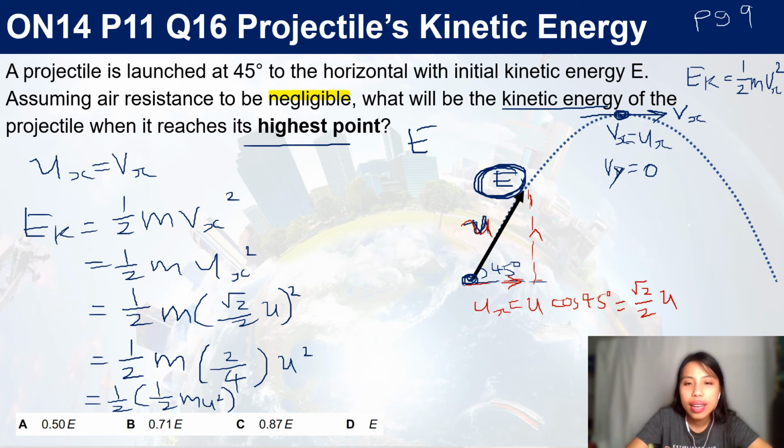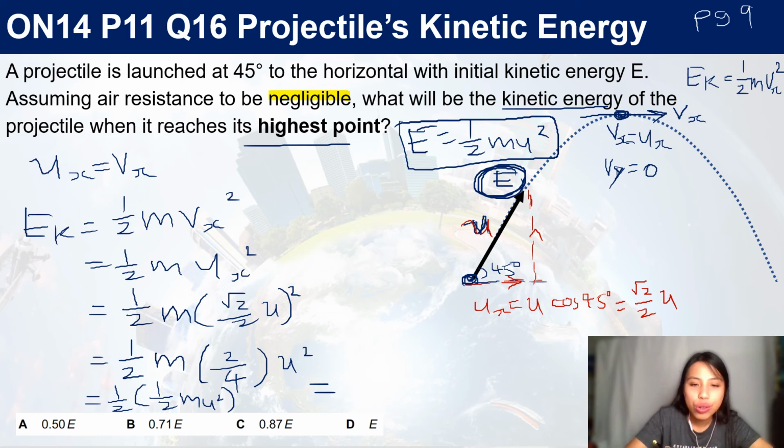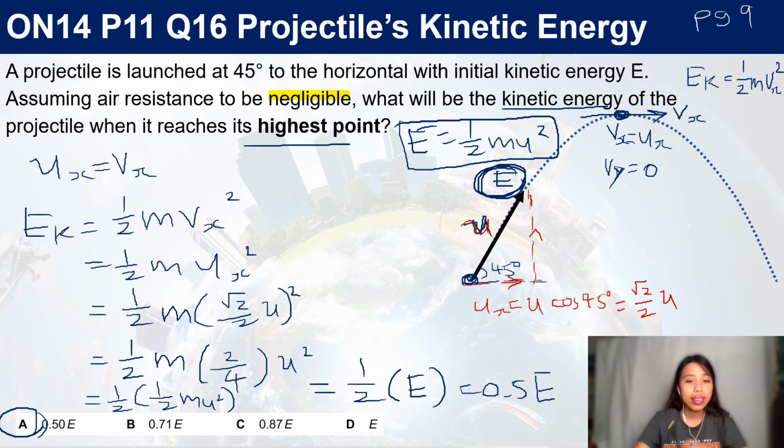So E is half m U squared. Which means I can substitute this into my working. So half m U squared, that's E. Which means the answer is 0.5 E. So that's answer A in this case.